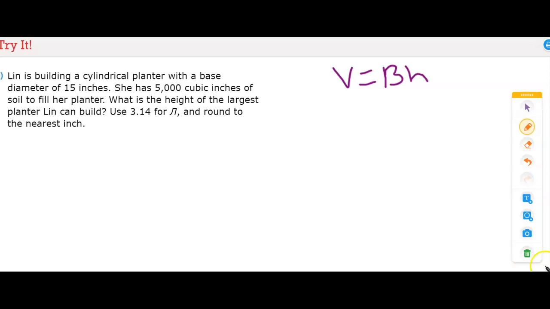We have the diameter of the barrel. So we know base is pi r squared. So for the radius, we have half of the diameter. So 15, half of that would be 7.5. Sorry, 6.5, not 7.5.